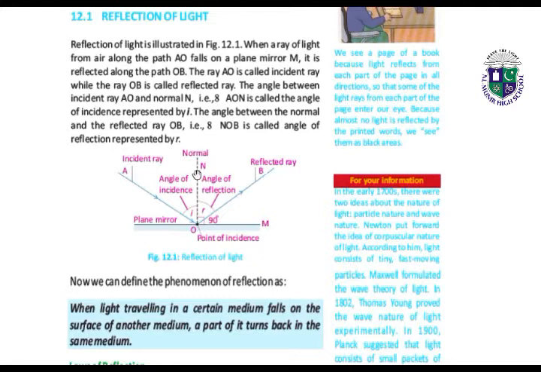So this line is showing the normal N. Now the angle AON is called the angle of incidence and it is represented by I. Next, after touching the normal line N, the next angle between the normal and the reflected ray OB is another angle. This is called the angle of reflection and we will represent it by R.